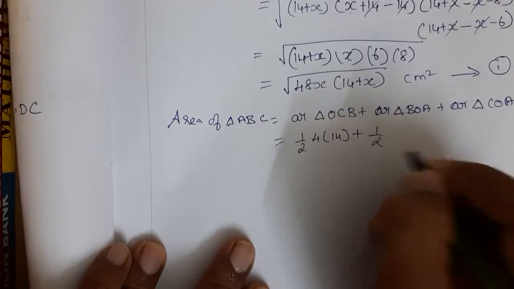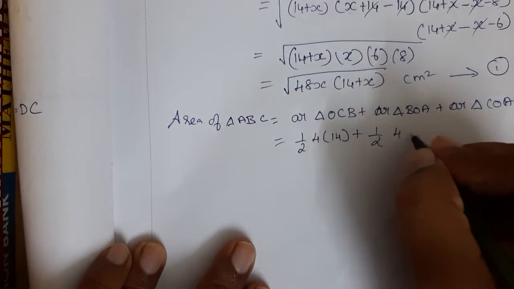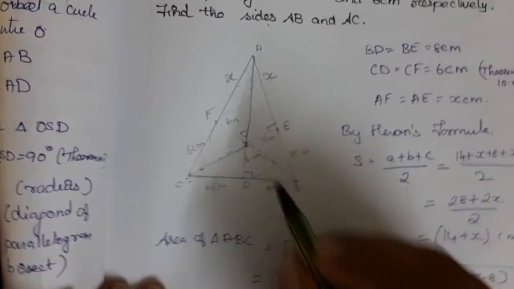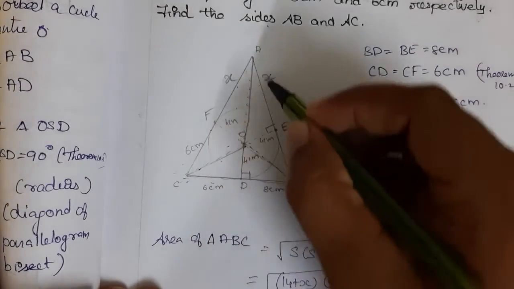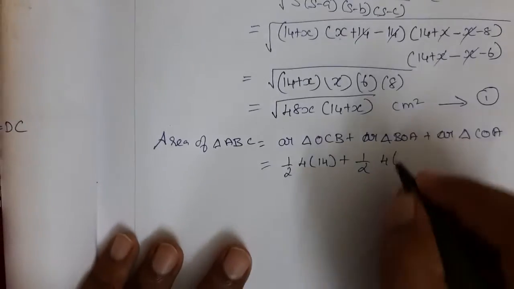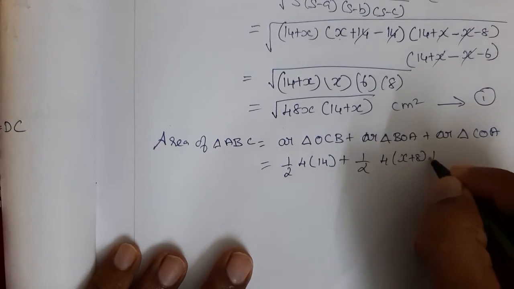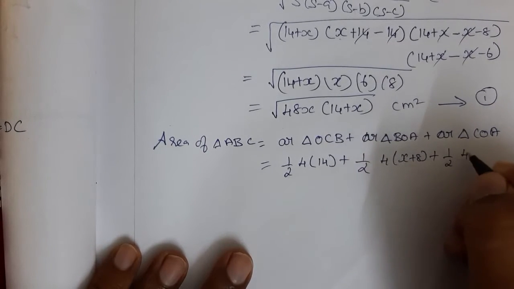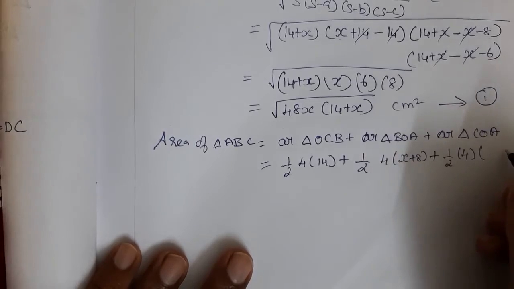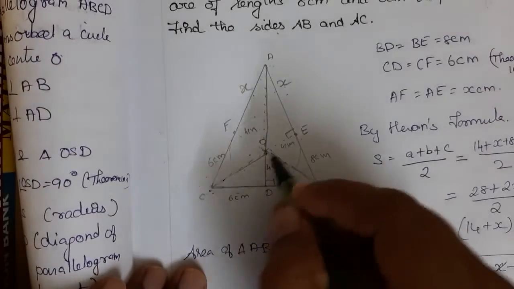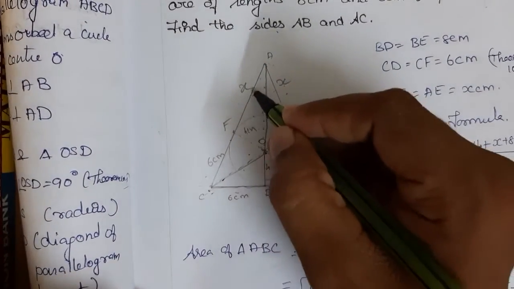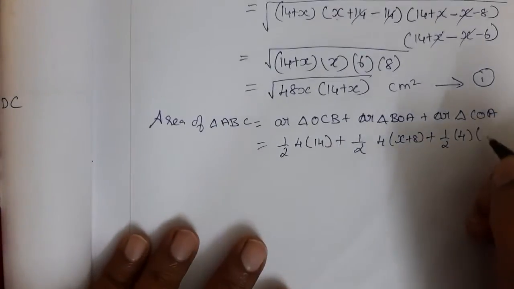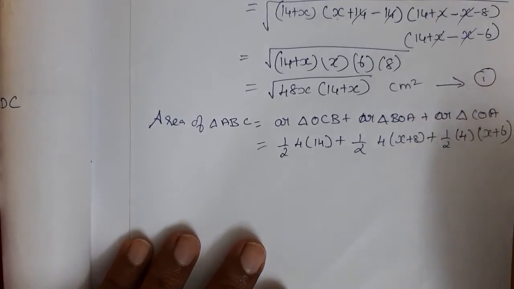plus same here, half into, the height is always 4, and what is the base here in this BOC? The height is the same 4, the base is x plus 8, plus the same here, half into the height, that's the radius, into COA. Here the same radius is height 4 and the base is x plus 6, right?